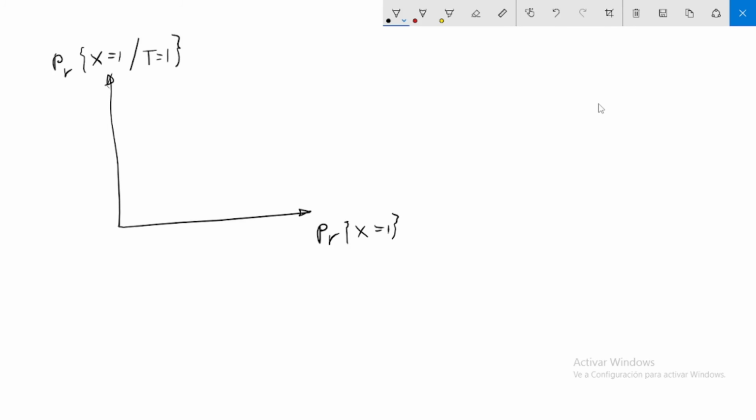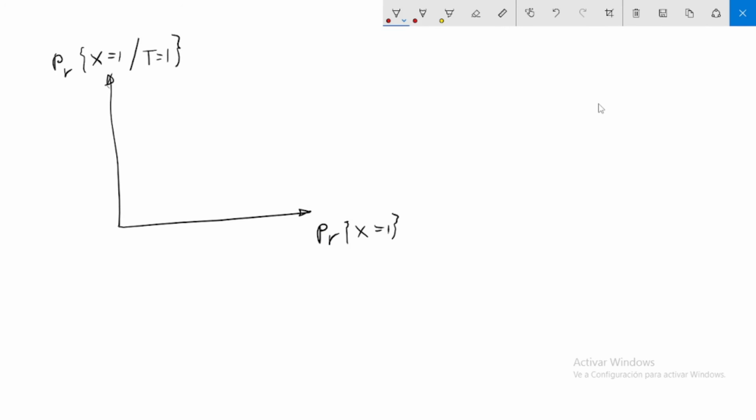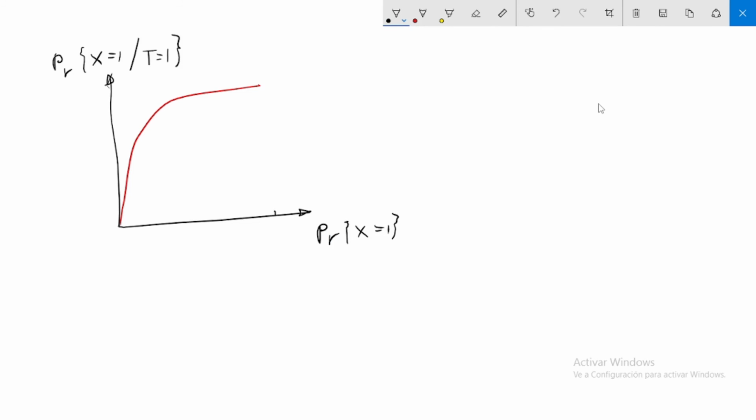So if we take all the information from the previous slide and make a drawing here, we will have the following curve, which is this curve here. And of course, I think it's important to always have the axis limits, which is 0 here, and 1 here. So what is this curve telling us?